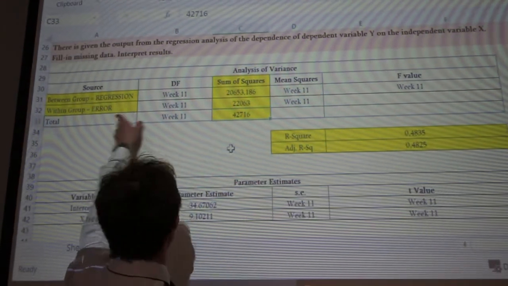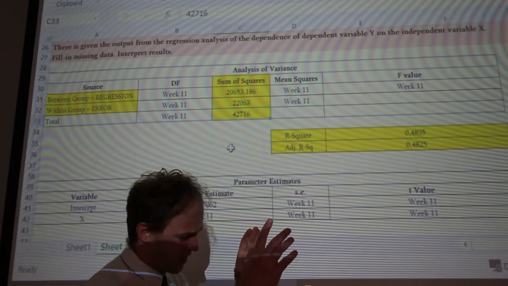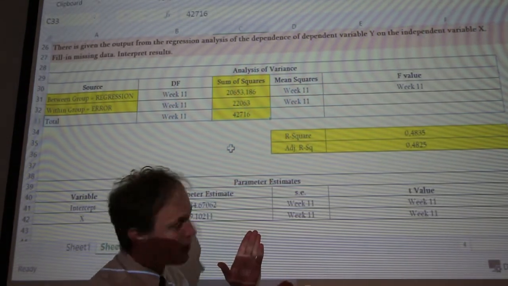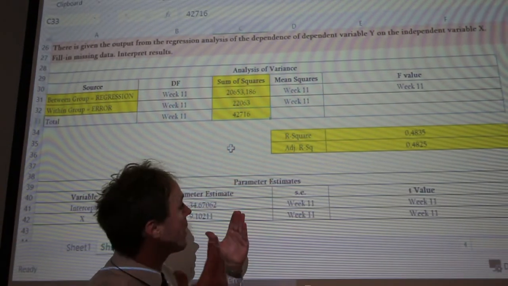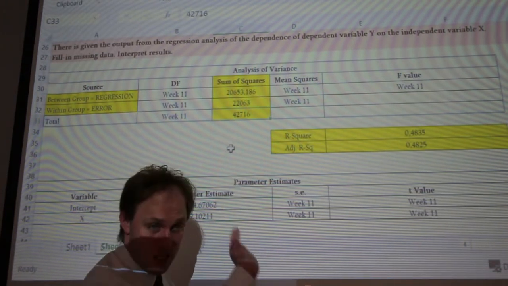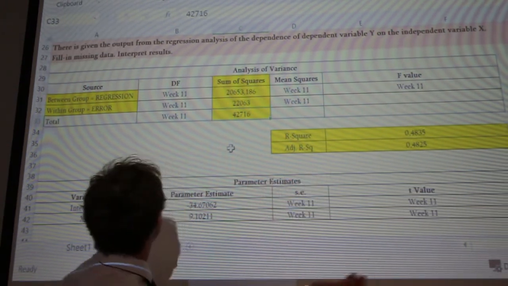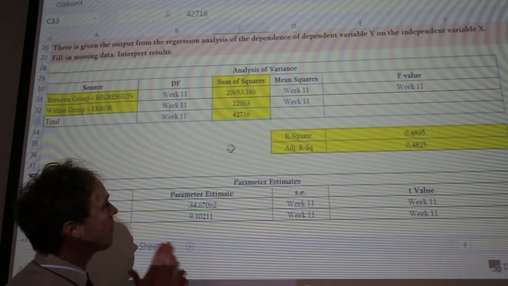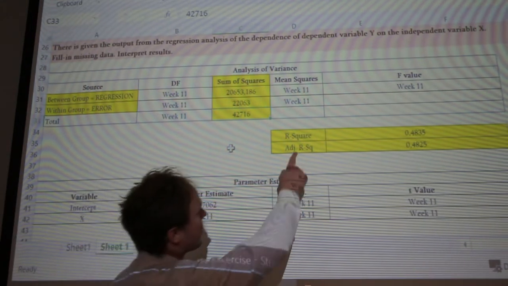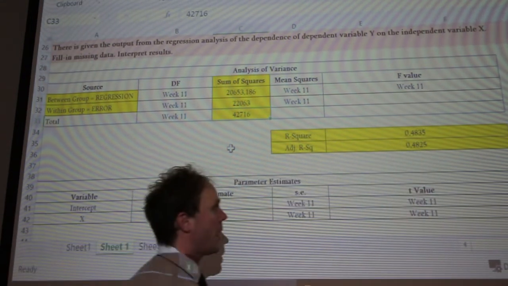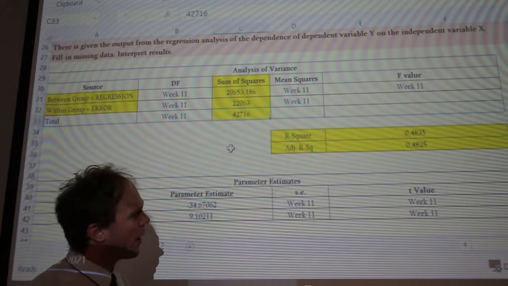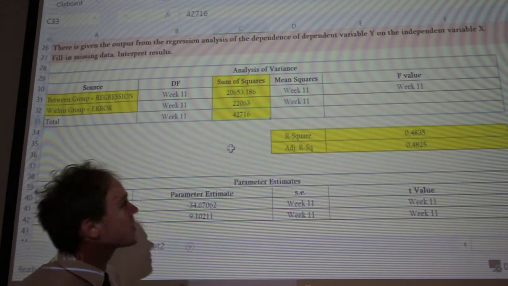And because error sum of squares, unexplained sum of squares, is higher than explained theoretical regression sum of squares, this is the reason why R squared is so small, only 48%.